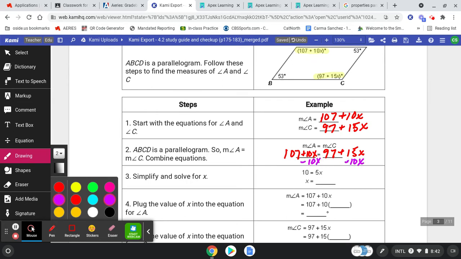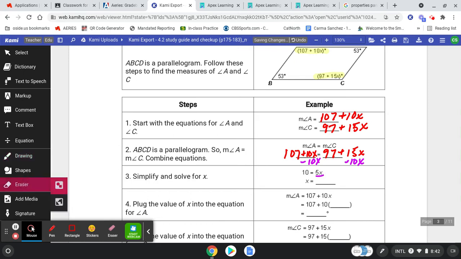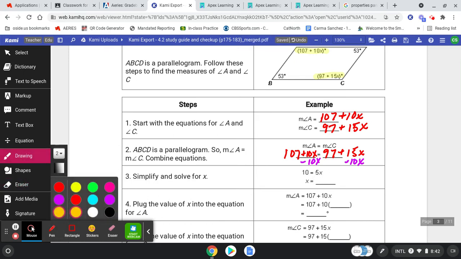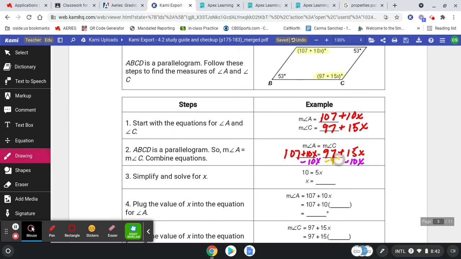Notice that 15x minus 10x gave us this 5x. And then in the same step, they're subtracting the 97 from both sides. Again, they did both of these steps in one, and this could be confusing to some of you. I hope you can follow along. And then we divided both sides by 5. Do you see that x is going to equal 2?